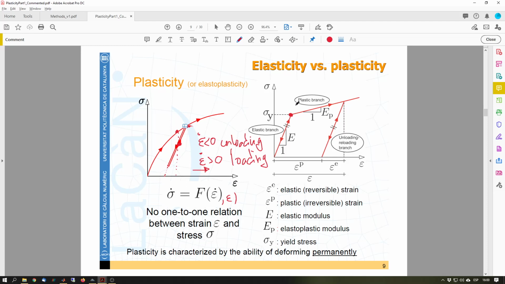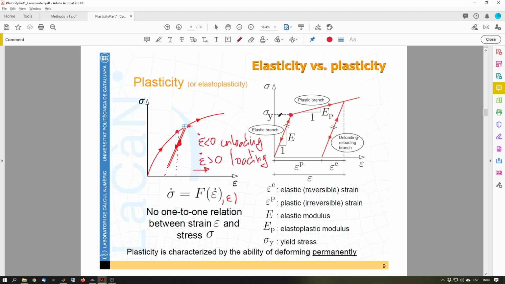The microstructure has changed, with so-called dislocations inside the material. We have a slip of one part of the material with respect to another. So we have discontinuities, but we model them through a continuum model that behaves with those different regimes.